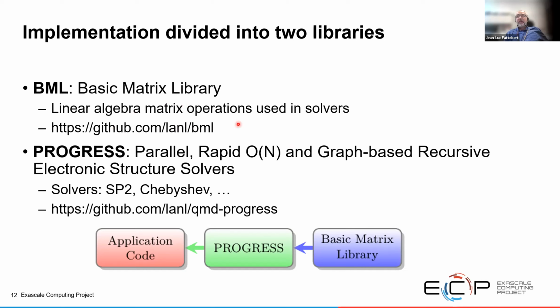It implements the basic linear algebra operations that are used in different solvers, from calling advanced diagonalization to matrix multiplication or inversion. PROGRESS, on the other hand, is one level above, between BML and the application code. And that's where we implement the solvers, such as this SP2 solver or the Chebyshev that I described earlier. This is also an open source code that you can find on GitHub.